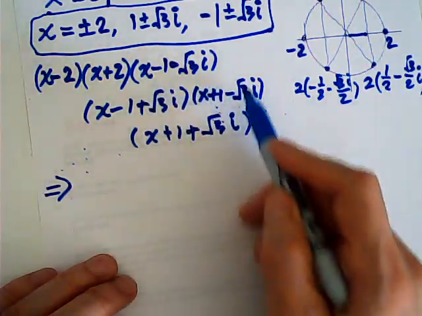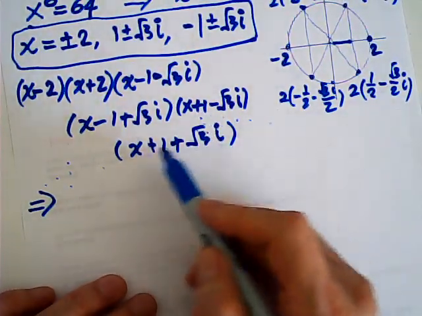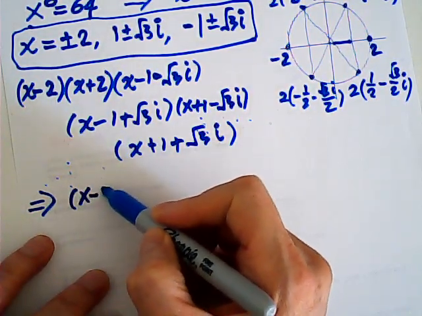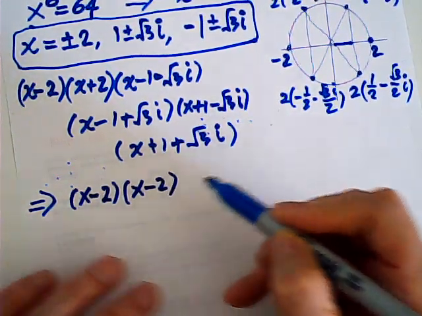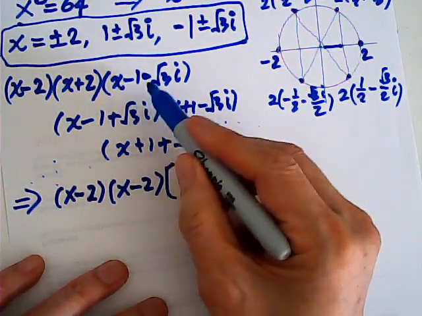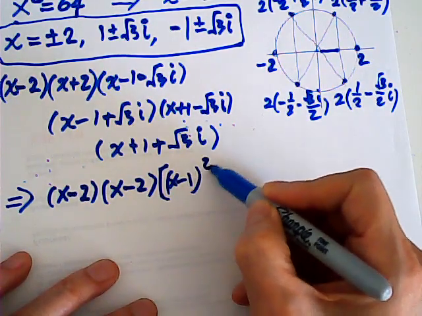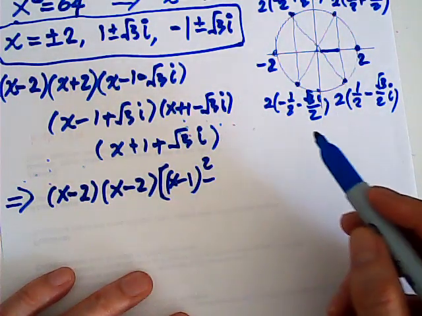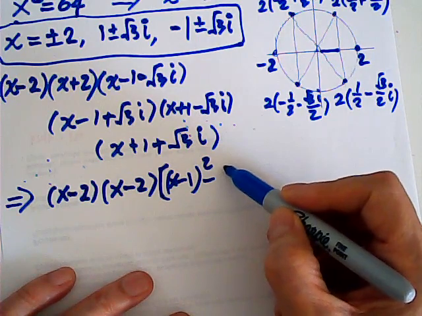Well, we don't want complex factors, right? We want the real factors. So this is a real factor. This is a real factor. This is a real factor. And this one becomes (x minus 1) squared minus (root 3 i) squared. Root 3 i squared is minus 3, so minus minus 3, that is plus 3, right?